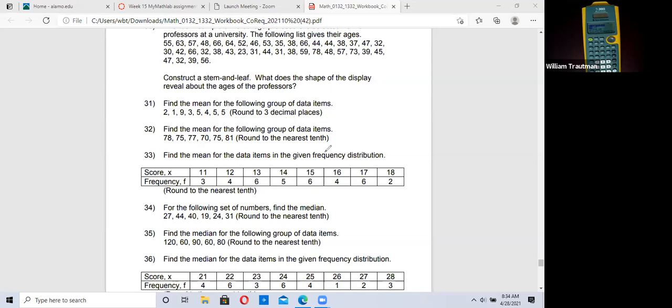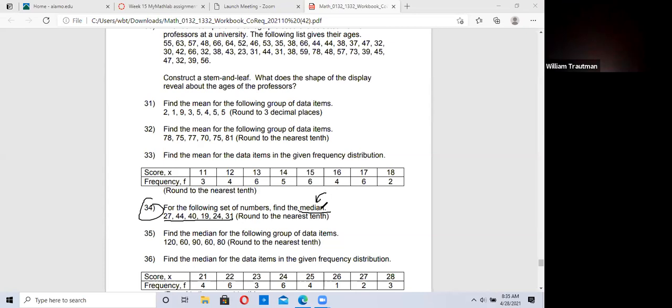It's good practice. I could have used the same numbers for this, but we're going to practice typing it in and all that good stuff. If you look at 34, let's type this data into L1, but this time we're finding the median, the number in the middle. By the way, you could just do this manually also, but I'm going to use the calculator.